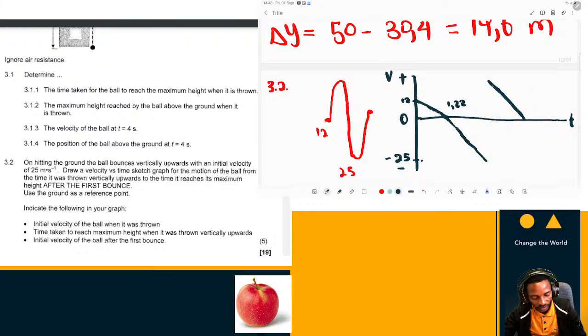Then its velocity will decrease until it reaches maximum height again, where the velocity will be 0. So that's the graph.